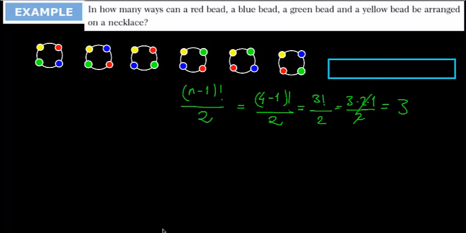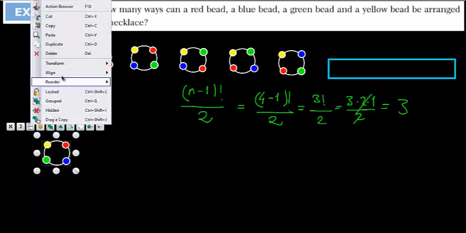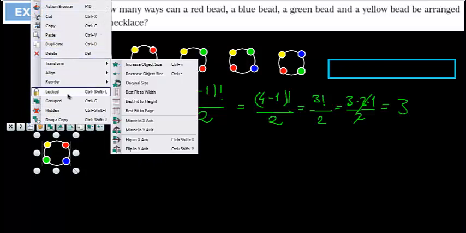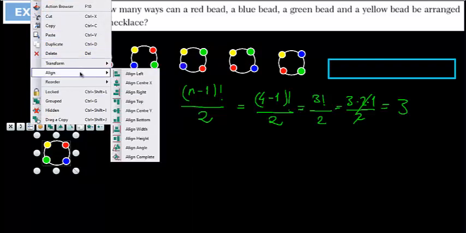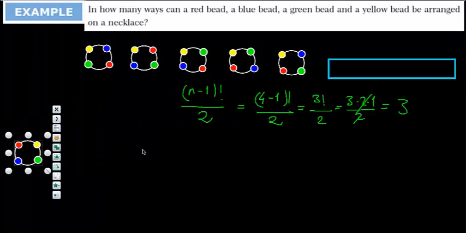Now I'm going to copy the first one, and I'm going to flip this one. Flip with respect to the x-axis, with respect to the y-axis. Yes, I'm going to flip with respect to the y-axis.